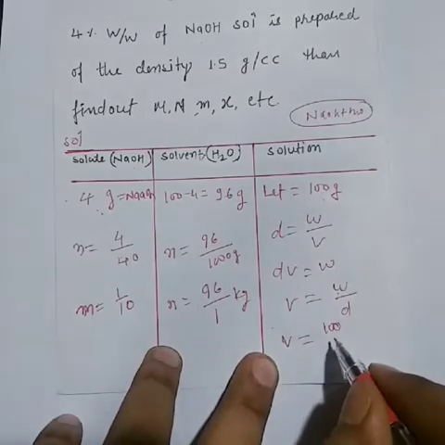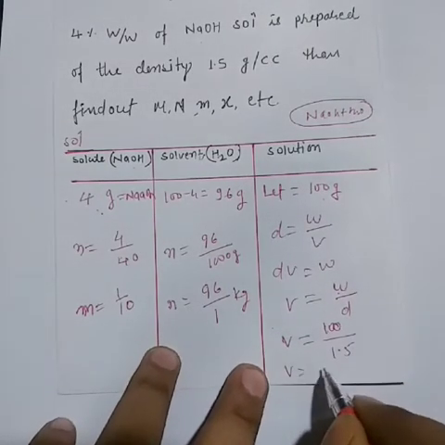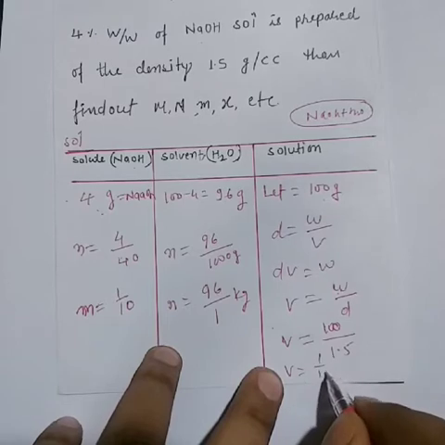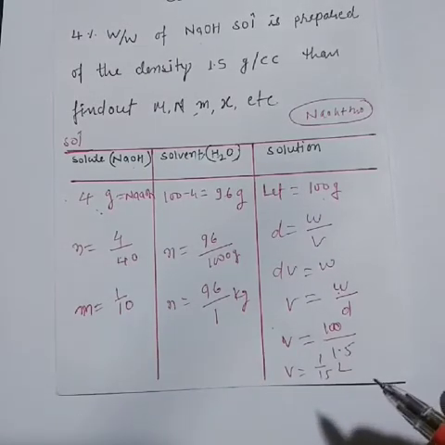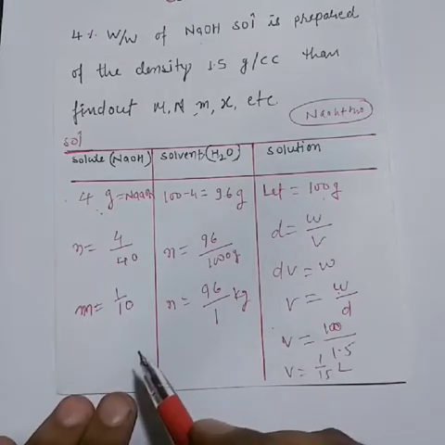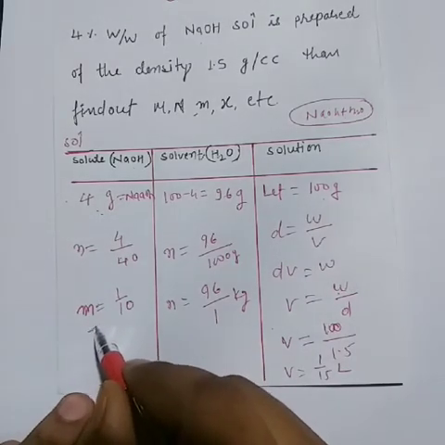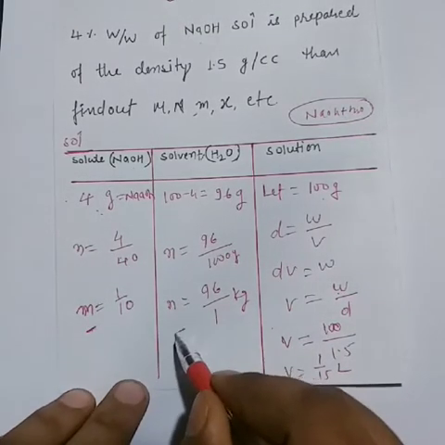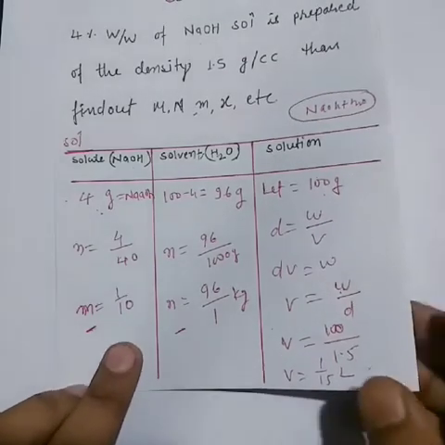And the density is 1.5. So how much is there? That means 1 upon 15 liter. So we find all the parameters needed to calculate the concentration terms: moles of solute, moles of solvent, and volume, everything we find.